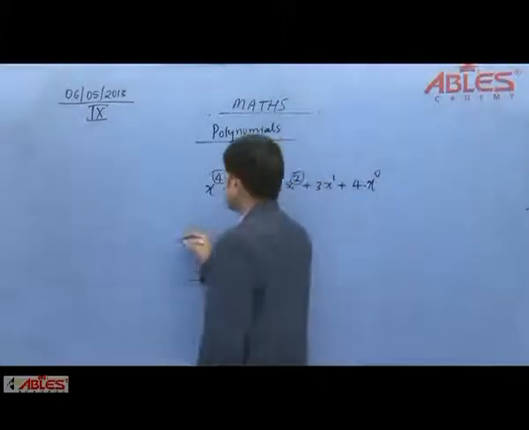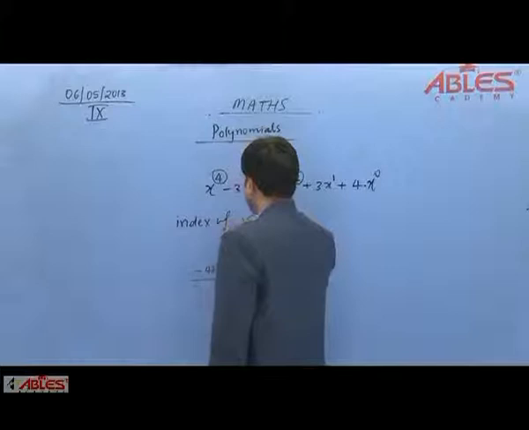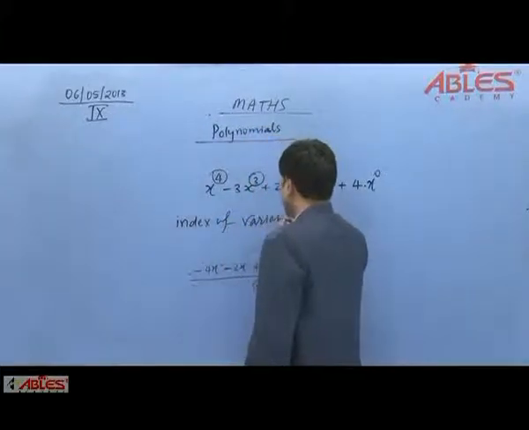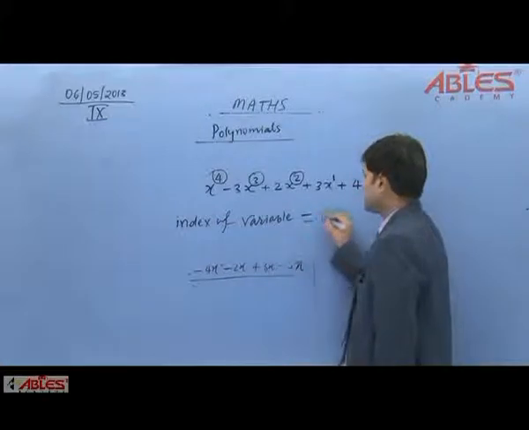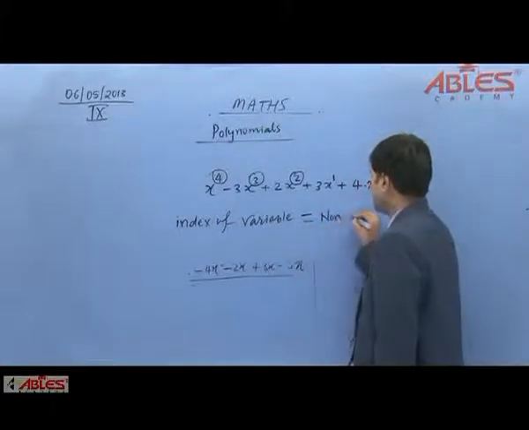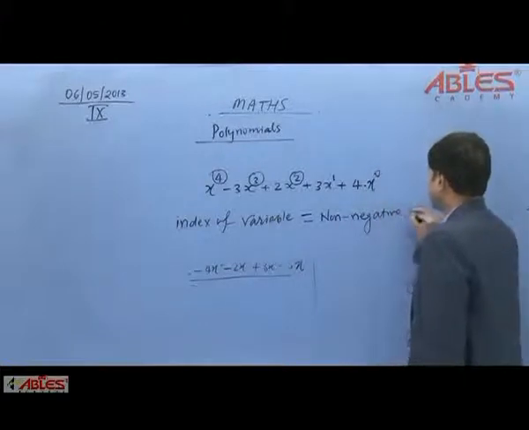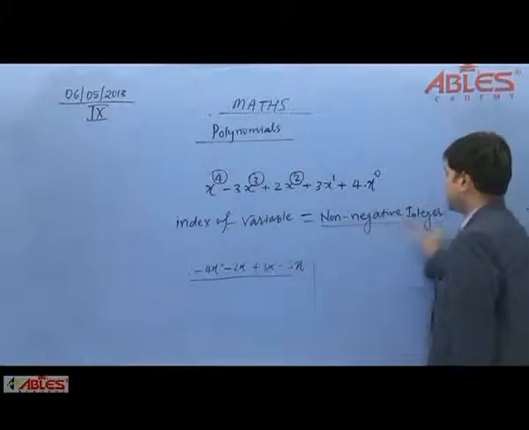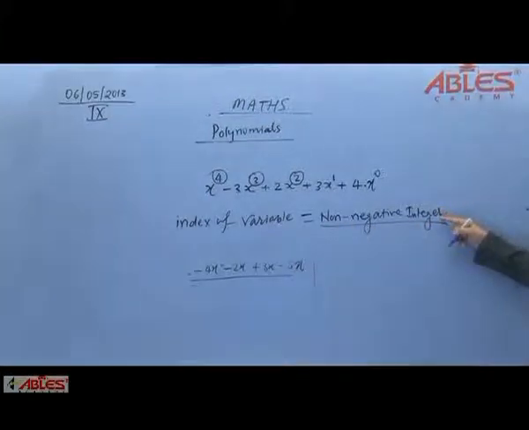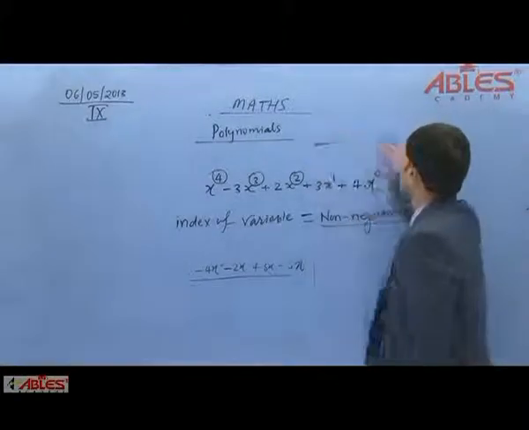Okay. So you can notice that either we are getting power 0 on the variable or getting positive whole numbers. So you should note that the index of the variable equals a non-negative integer. Are you familiar with these terms? Integers we have already discussed in the first unit, that is, in the number system. So what are integers?